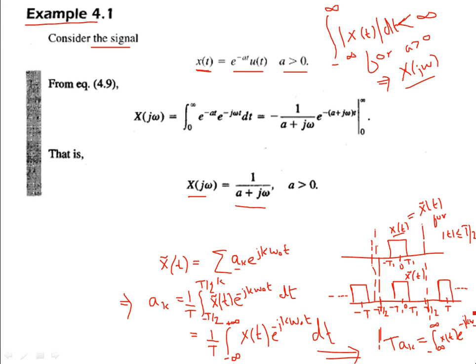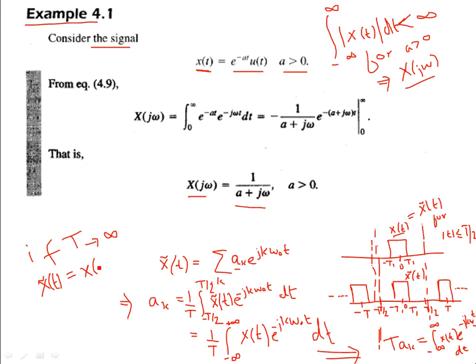And you see, the next reason is that if T becomes large, then in that limiting case, x tilde(t) becomes equal to x(t), right?